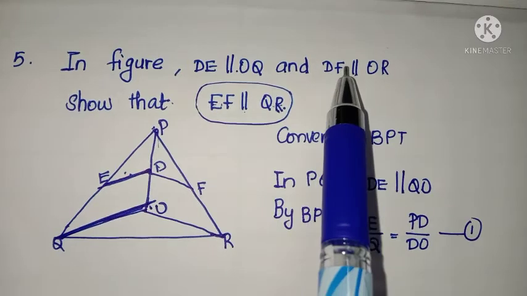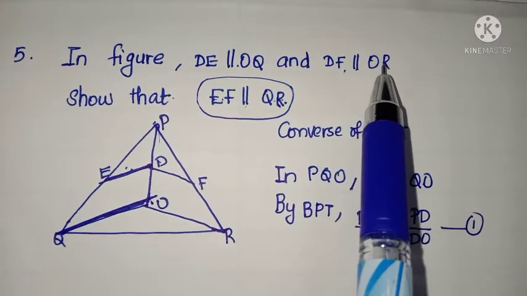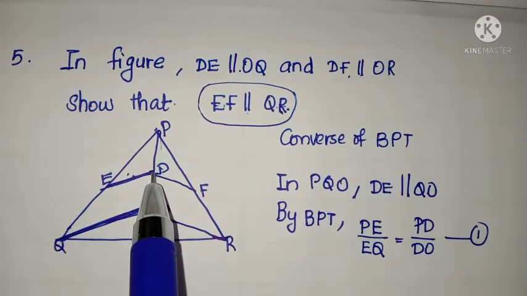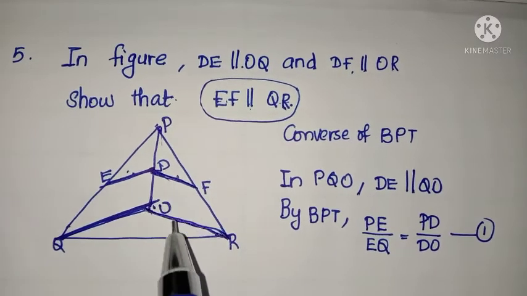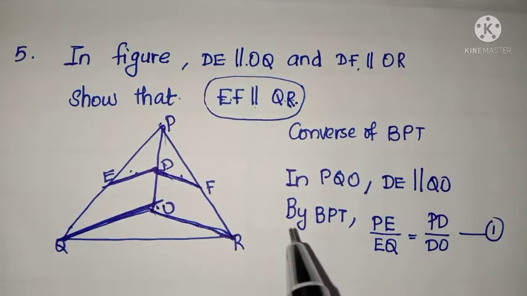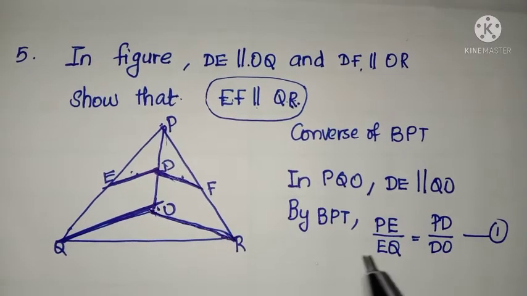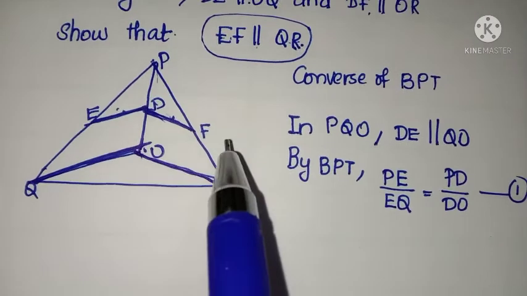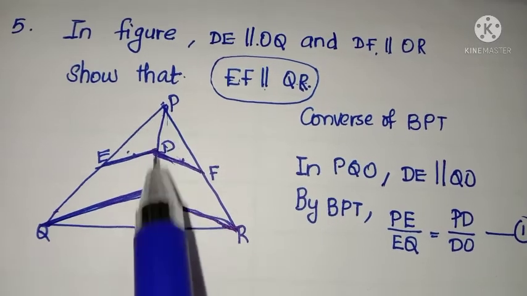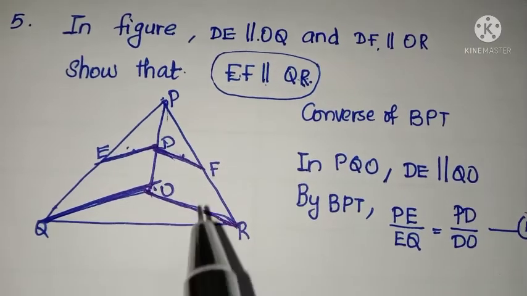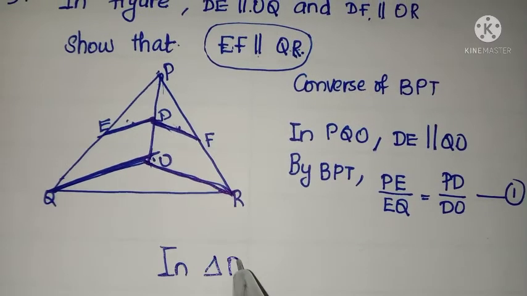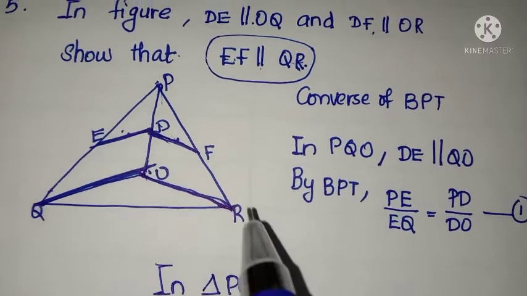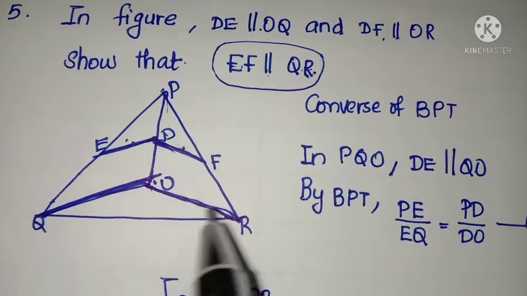Now stick on here, DF is parallel to OR. So this is the line DF and OR. These two parallel lines are in the triangle POR. Next we have to take the triangle POR. So in triangle POR, what are the parallel lines?